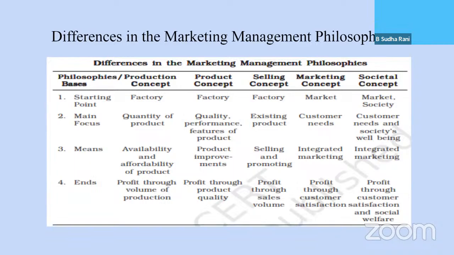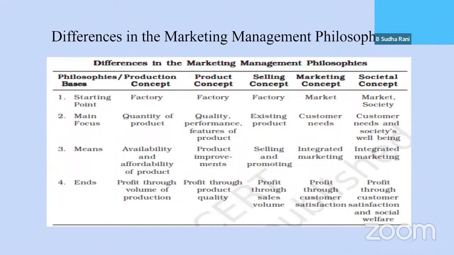The marketing concept means integrated marketing, building consumer relationships. It's not only selling, it's also building the relationship with the customer. Integrated marketing is a win-win policy for customer, organization, and society, for the well-being of all three.